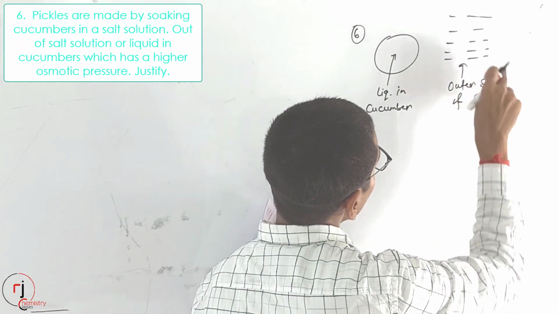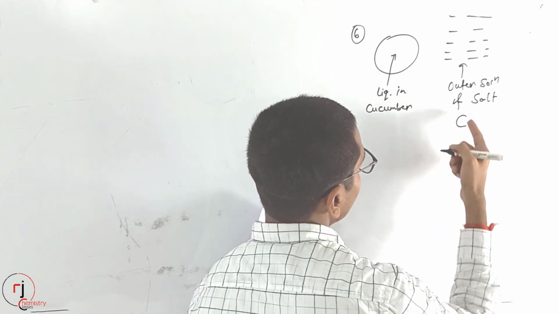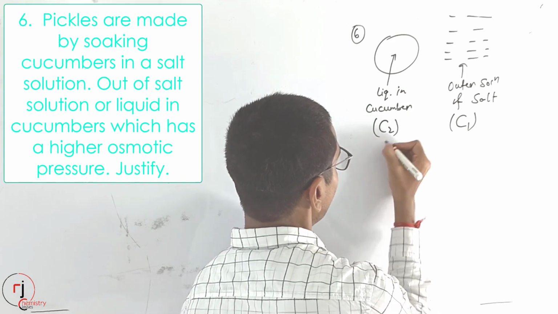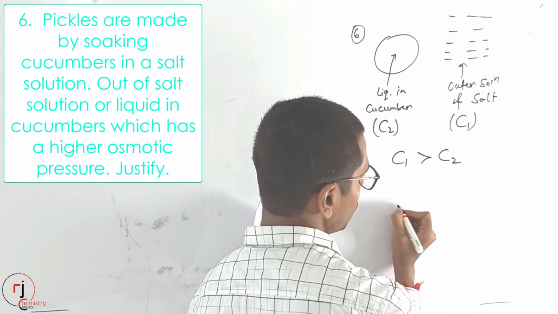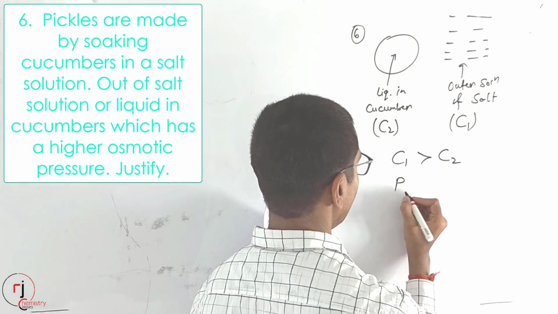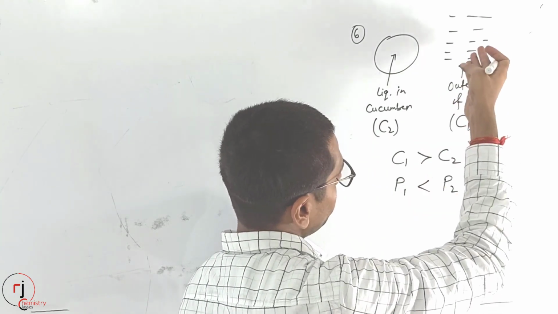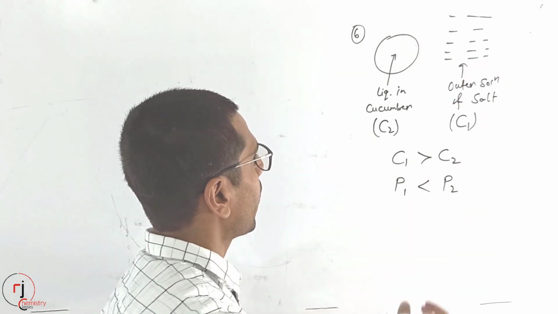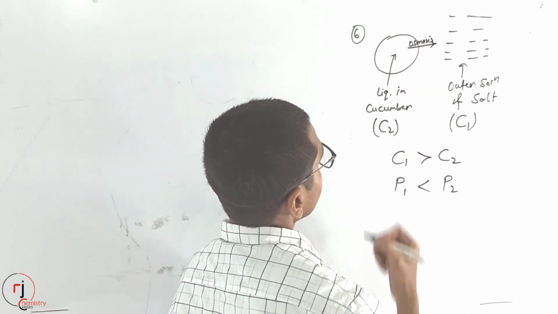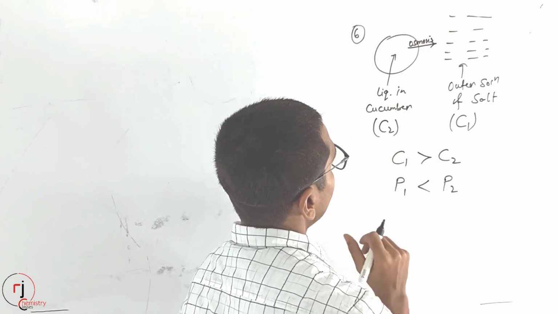Because if we assume the concentration of the outer solution as C1 and the concentration of the solution inside the cucumber as C2, then C1 is greater than C2, so the vapor pressure of the solution inside the cucumber is greater than the vapor pressure of the salt solution, so osmosis occurs from inside to outside. That's why shrinkage of the cucumber cells occurs.